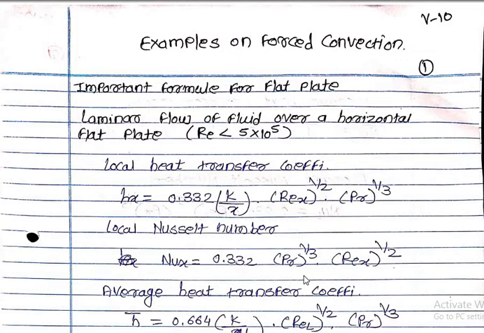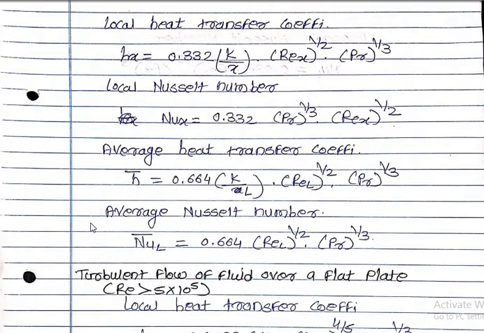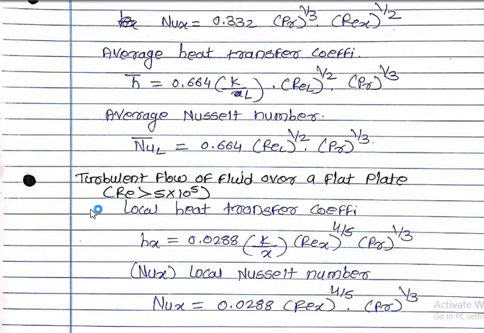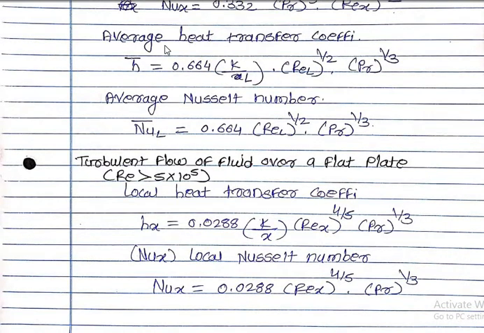Then on that basis we can find out the average heat transfer coefficient and average Nusselt number also. The average heat transfer coefficient can be written as h bar equal to 0.664 multiplied by (k divided by L) multiplied by Re suffix L raised to 1 by 2 multiplied by Pr raised to 1 by 3.